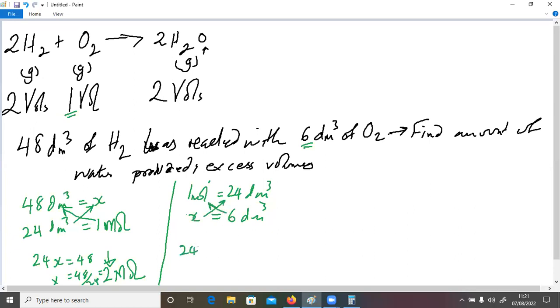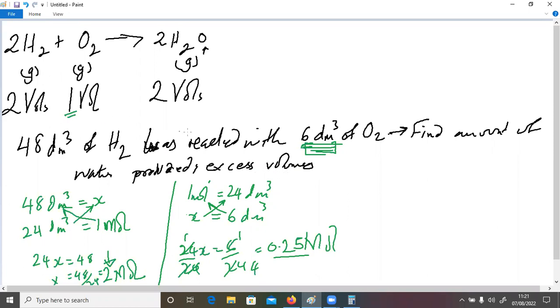I get 24x is equal to 6, so x is 6 divided by 24. This is 0.25 of a mole. So in this case, I know that my limiting reactant is the oxygen gas, right?